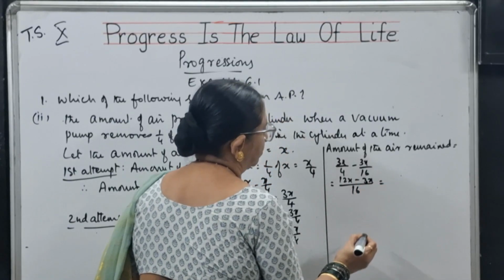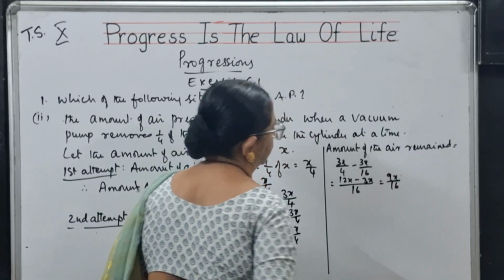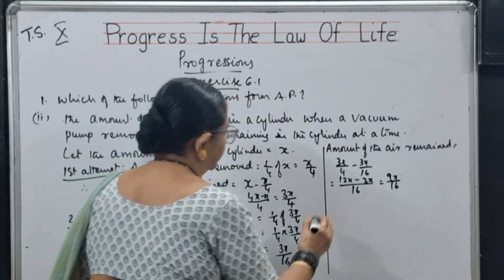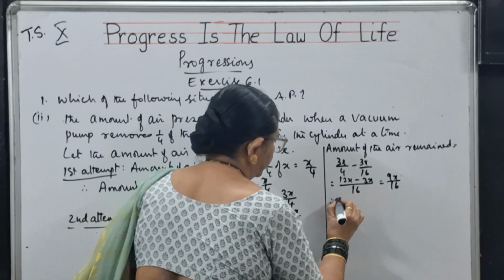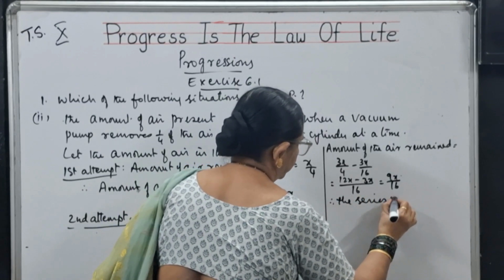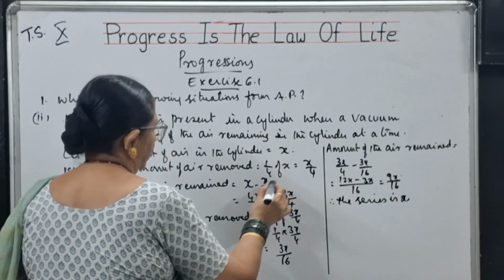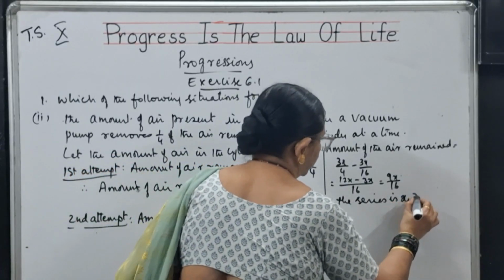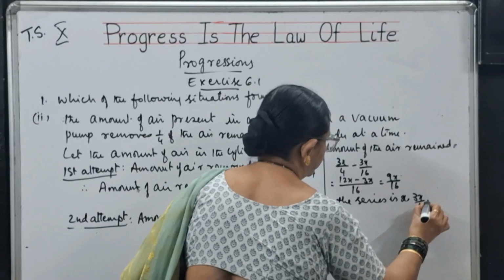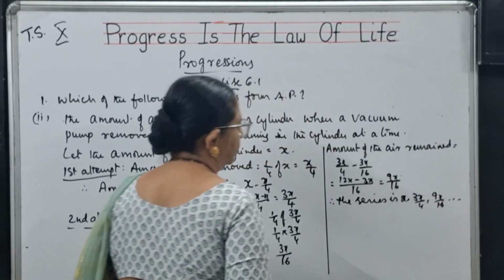So how much? 9x by 16. So basing on this, therefore, the series is x, then after x, 3x by 4 and 9x by 16, and so on.